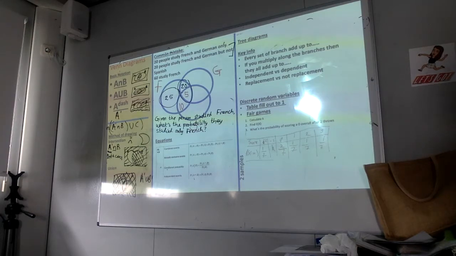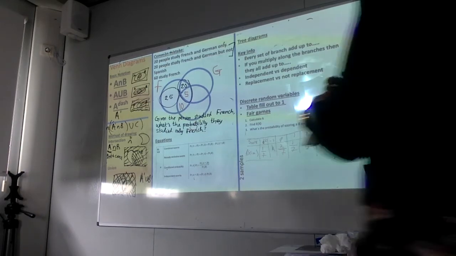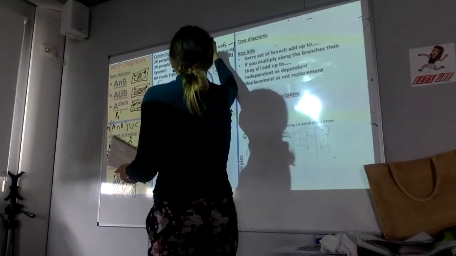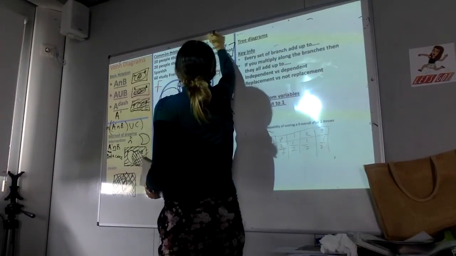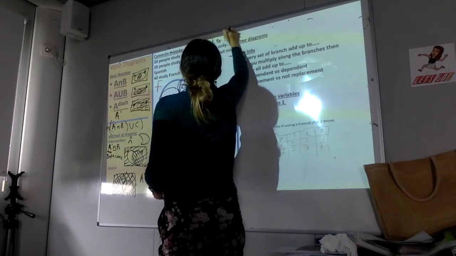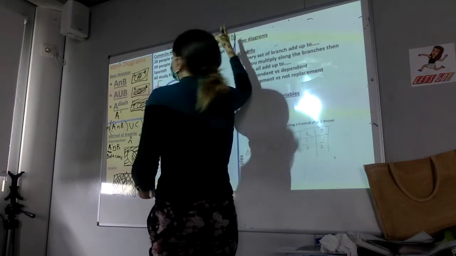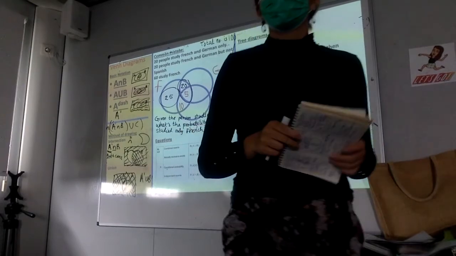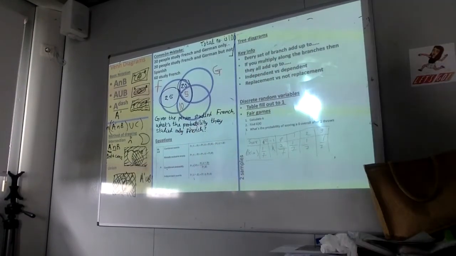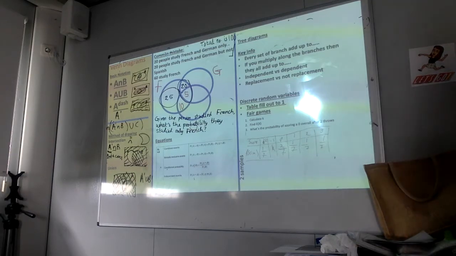Miss, isn't it just 25 out of 60? The conditional probability, you do need the total number, sort of. I'd say it's 100. Miss, but it's given the person studied French, so that means you do it only out of 60, or no? Yes, so it's 25 out of 60. But you can use 100.